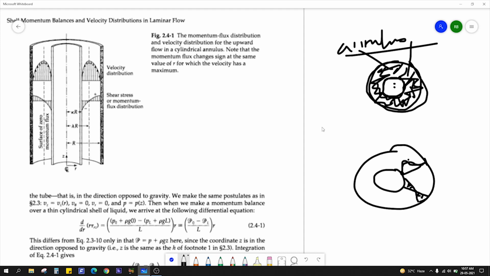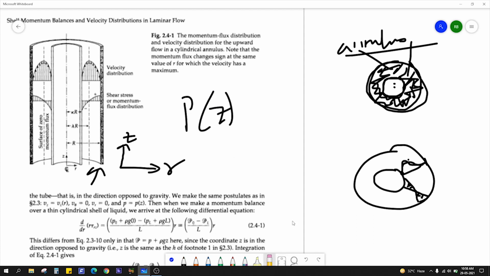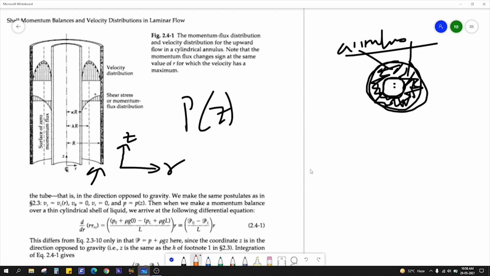In this case the fluid is moving upward now. Our coordinate system is at the bottom, so fluid is moving upward, to make things positive. Also pressure will be again a function of z. The one thing that will change now is the modified pressure.